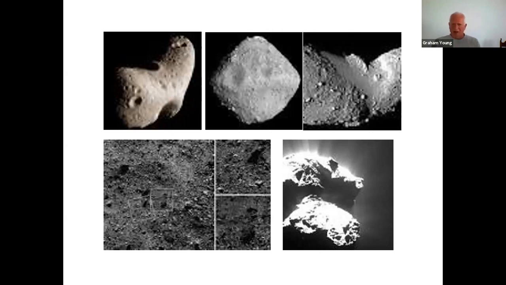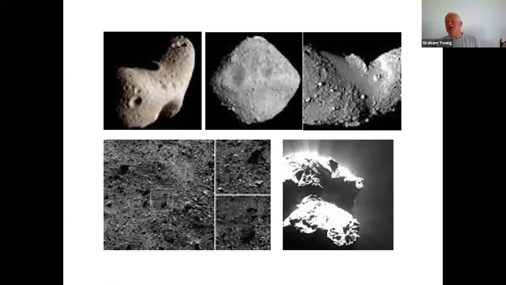Here's a small sample of more recent objects. Here's Eros, which was the first asteroid to have a lander. The craft got there and photographed it as it was rotating, got a good view, good pictures of it, and then they homed it in onto the surface and it gently landed.